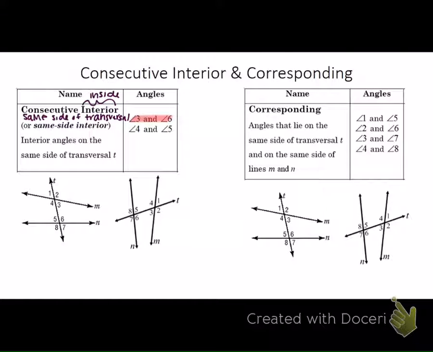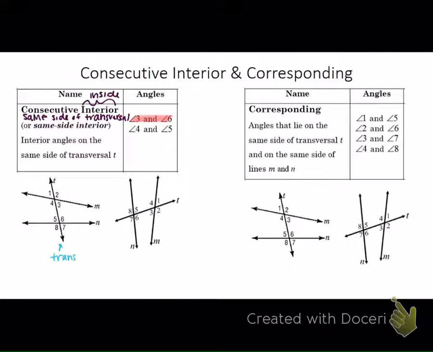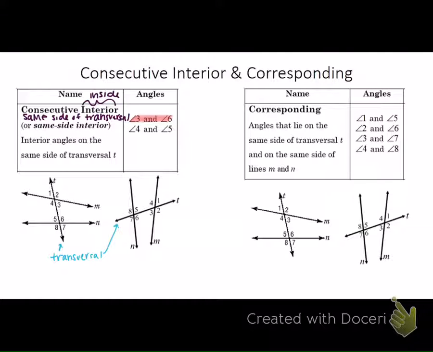So notice, first we need to recognize our transversal. Desiree, what is my transversal in these cases? Which one is slicing through the 2 lines? T is. Now granted, some of these will meet later on, but in this case, we're using transversal T. All right, so 3 and 6 are consecutive interior, same side interior.